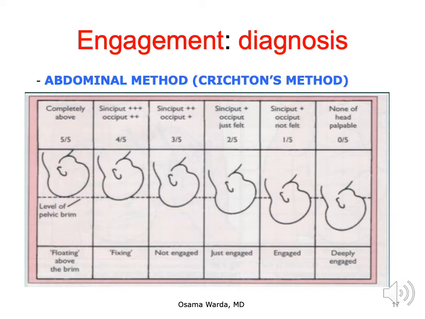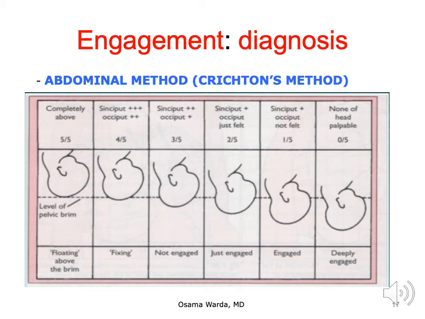the head may be floating above the brim if the whole head is felt easily by abdominal examination. If only 4/5 of the fetal head can be felt by abdominal examination, it is fixing. If only 3/5, it is not engaged.